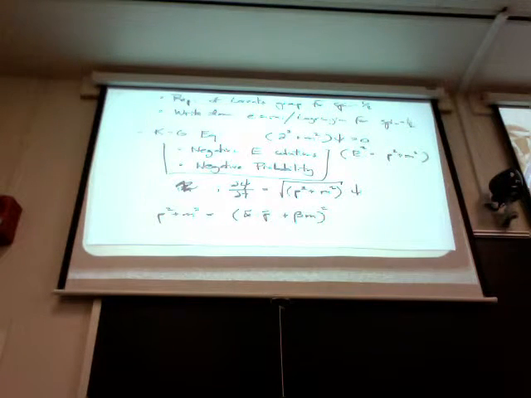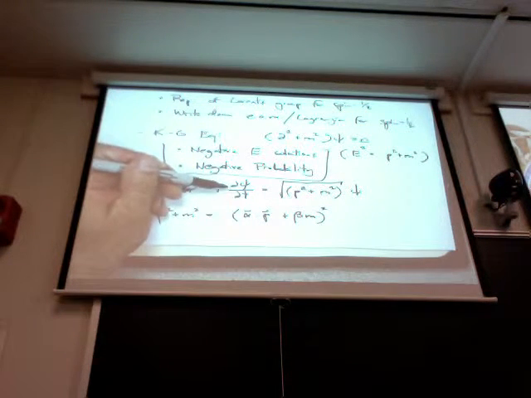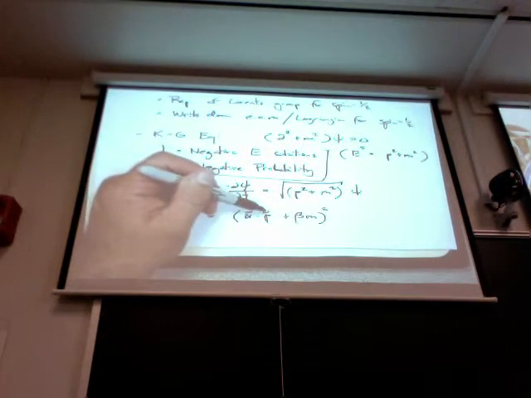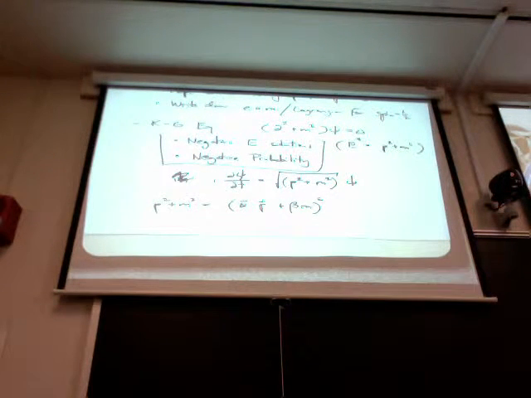All right? So he proposed that you could rewrite this p squared plus m squared as this quantity squared. Right? And then when you plug that in, you can take the square root, and what you find is that everything's linear, right? The time dependence is linear, and the spatial dependence, which is coming in through the momentum operator, is also linear.